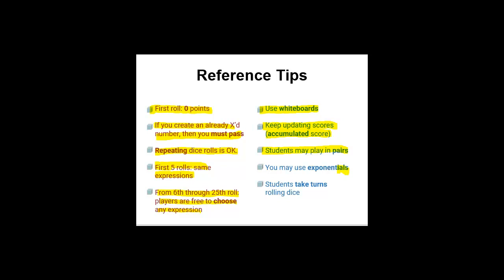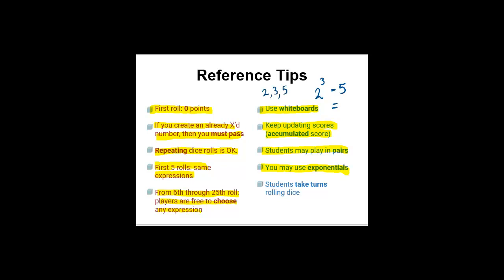Also, you may use exponentials if you feel that's going to bring the game to another level. And it also depends on how comfortable your students are with exponentials. So for example, you could use something along the lines of 2 to the 3 minus 5, if you got a 2, a 3, and a 5, so you're using the numbers 2, 3, and 5, right?